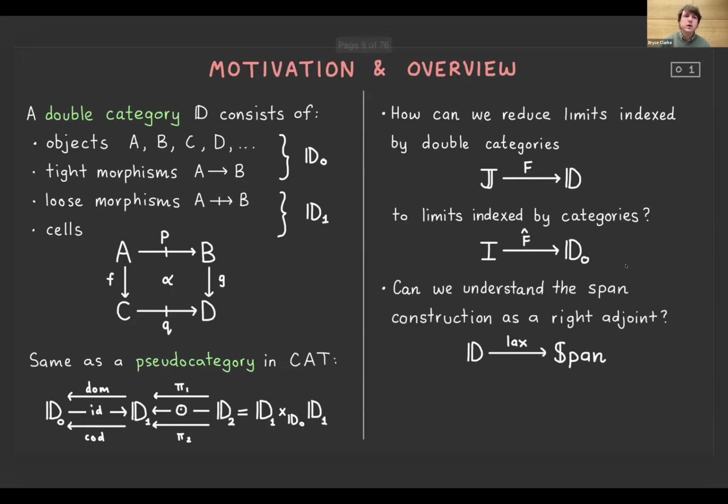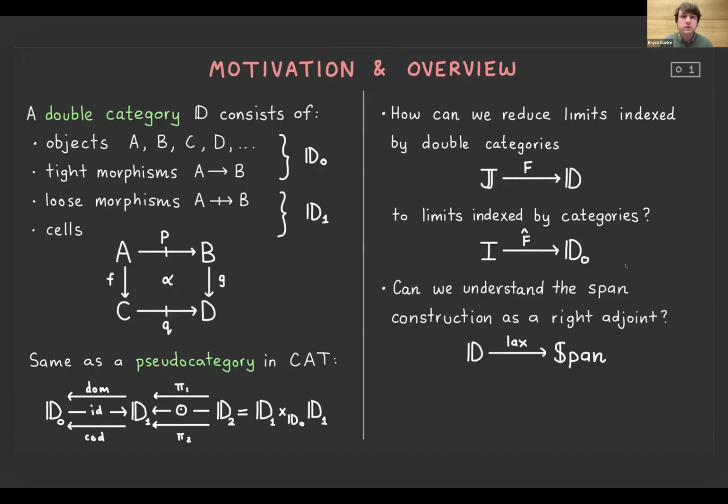The second question is, can we understand the span construction as a right adjoint? It's well known, at least within the double categorical literature, that the span construction can be seen as a left adjoint in a suitable way. It's freely adding companions and conjoints in a sense. But can we also see it as a right adjoint?